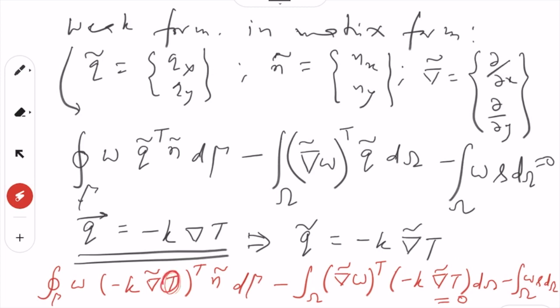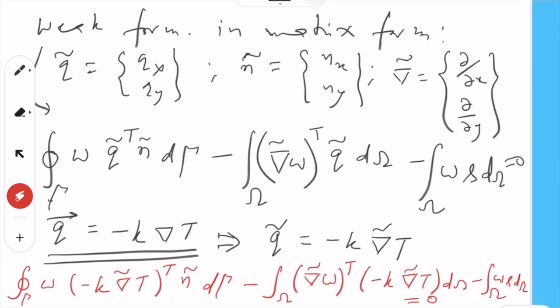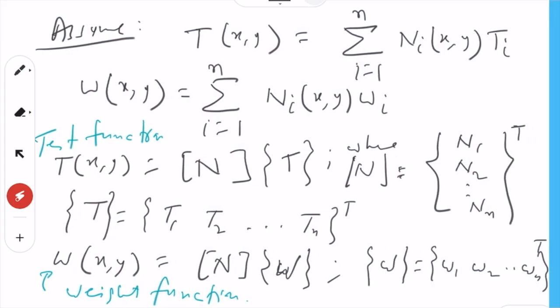Accordingly we can find out what that is. What you see here is W minus k, and then instead of T we will have n multiplied by this vector T. So we can put those values there and see what is the meaning of that. So let's put that. Our weak function becomes what?